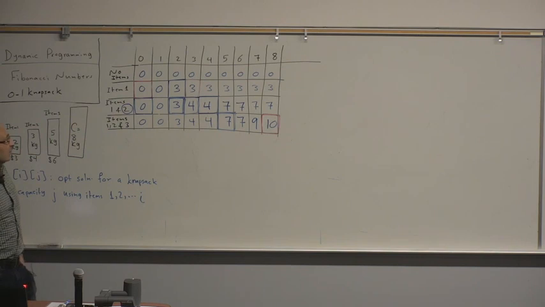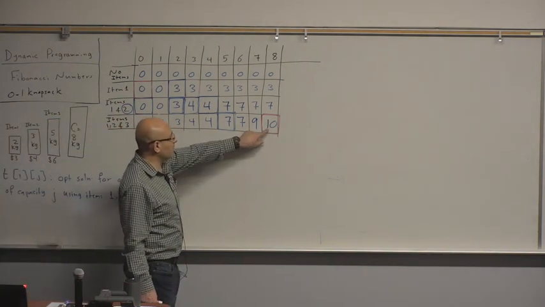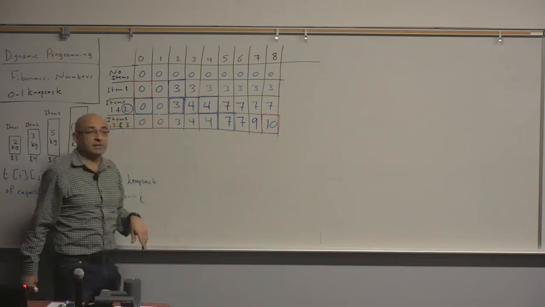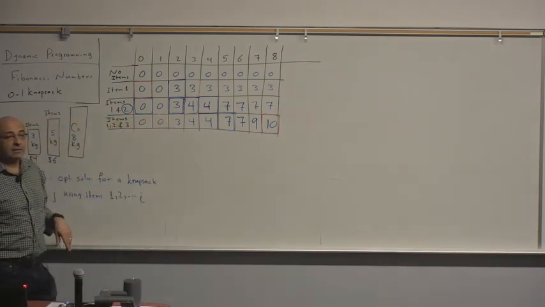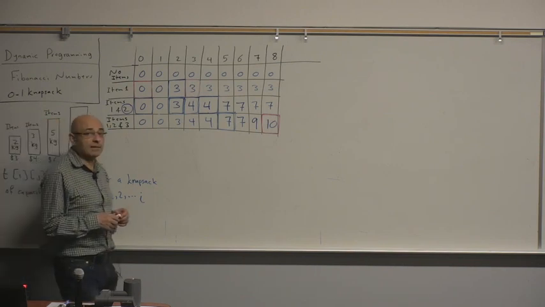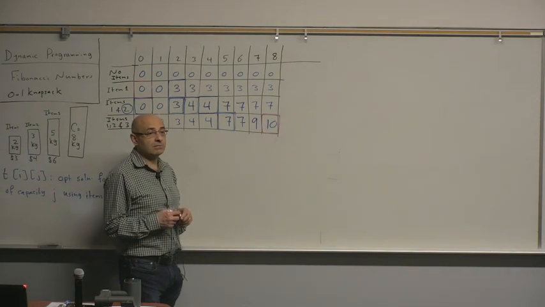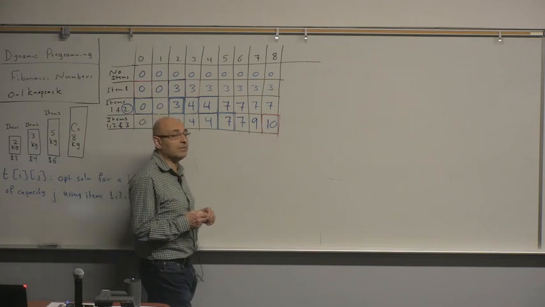Okay, so when I look at this square, does it tell me whether item 3 has been taken or not? If I compare it with the surrounding squares, will I get a clue whether item 3 has been taken or not? So what happens when you take the item? When you take the item, the value in the current row will be different from the value in the previous row.